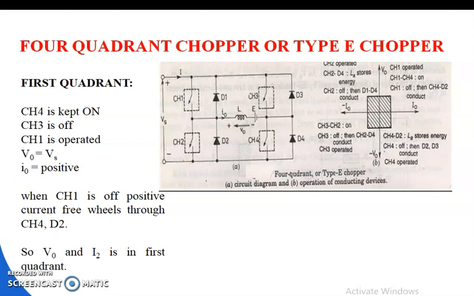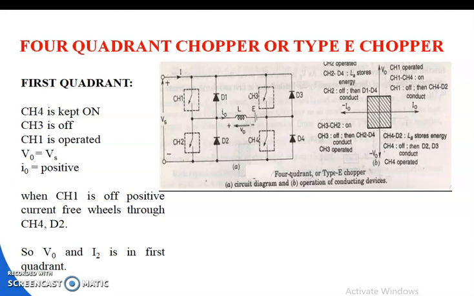Besides this, 2 pairs of diodes, D1, D2, D3, D4, are connected across the circuit. The load comprises an inductor L in series with a battery source or EMF source E. Vs and Is are marked here, and V0, I0 are also marked here.